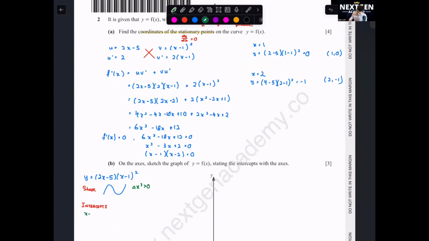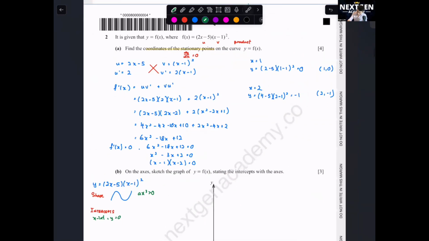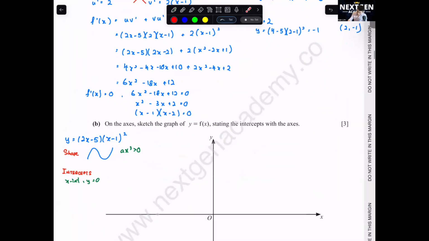What will be the x-intercept when y is equal to 0? So you take these two factors, then x will be equal to 5 over 2, or 2.5. Then the other value will be equal to 1: x minus 1 equals 0.